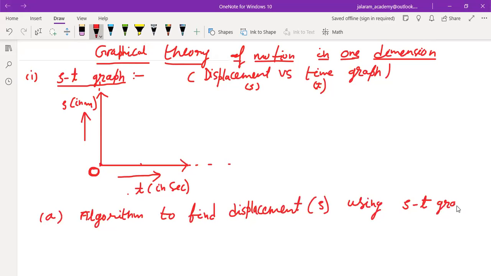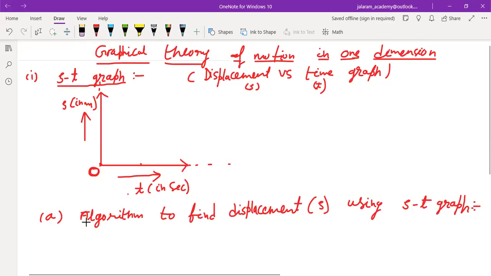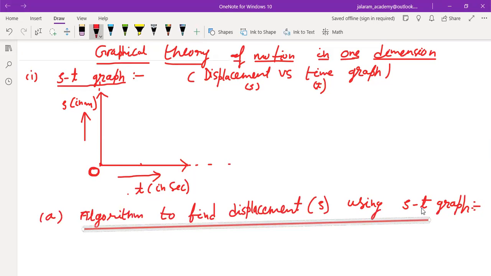We write it ST, but read it as displacement time graph. Okay. Algorithm to find displacement using the ST graph.